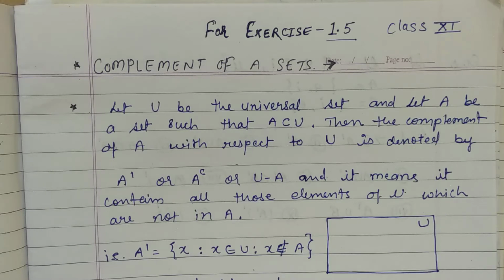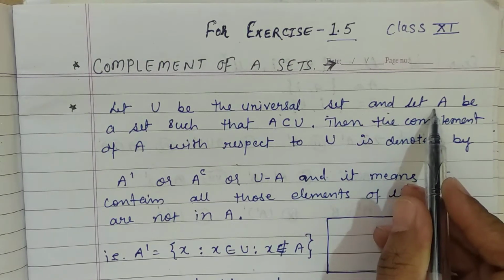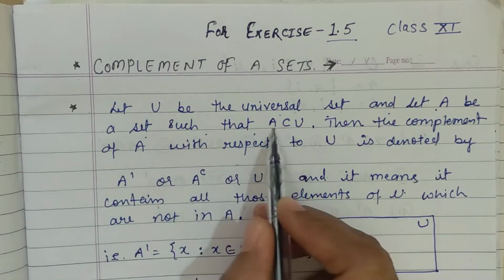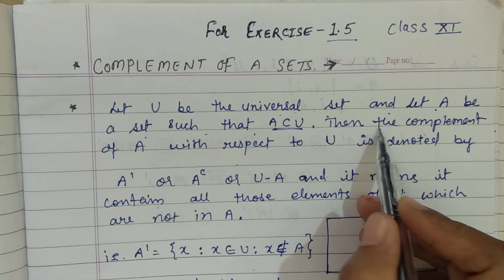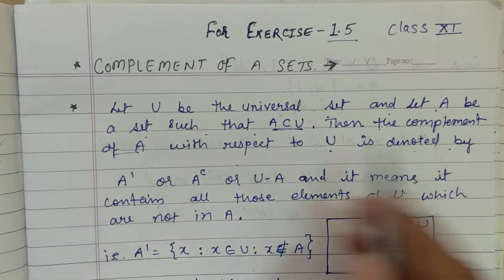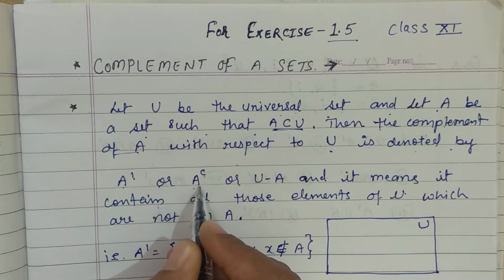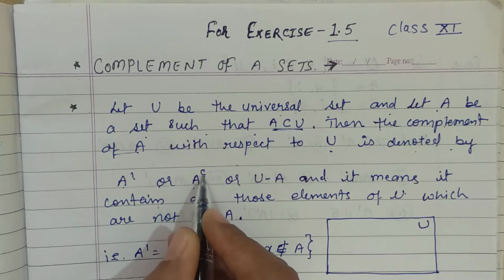Now for the next exercise, 1.5, today's topic is the complement of a set. What do you mean by complement? Let U be a universal set and let A be a set such that A is a subset of U. Then the complement of a set with respect to U is denoted by A dash, or A to the power C, and we call it A complement.